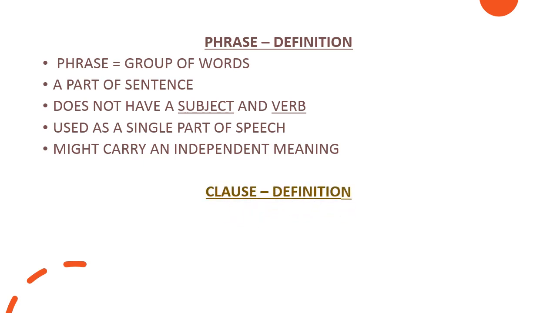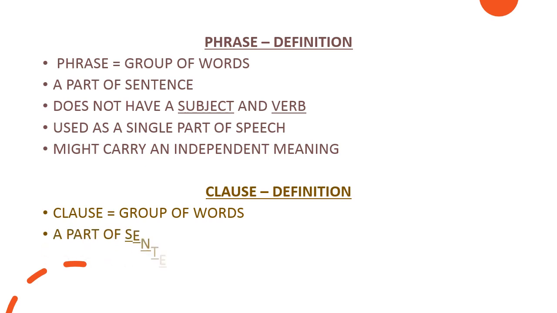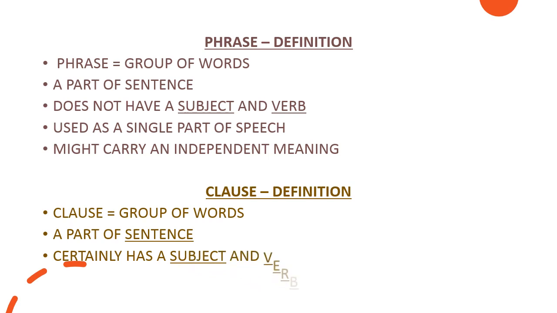Next one, clause definition. Clauses are a group of words. Phrase is also a group of words, clause is also a group of words. Next, a part of sentence. It is also a part of sentence. Phrase is also a part of sentence. Third point, certainly has a subject and verb. That is the basic difference between phrase and clause.